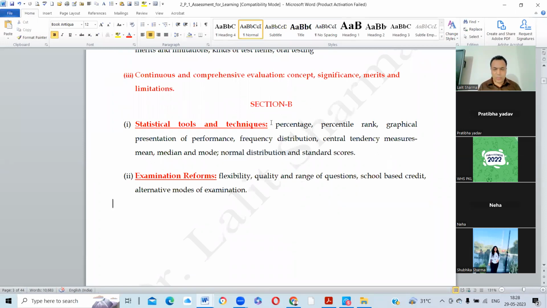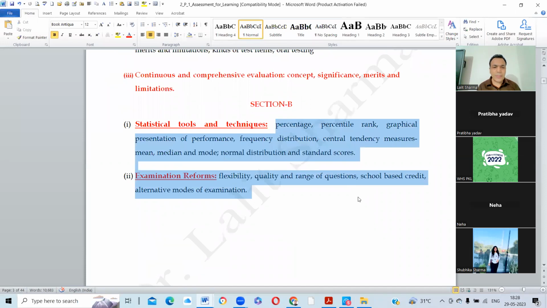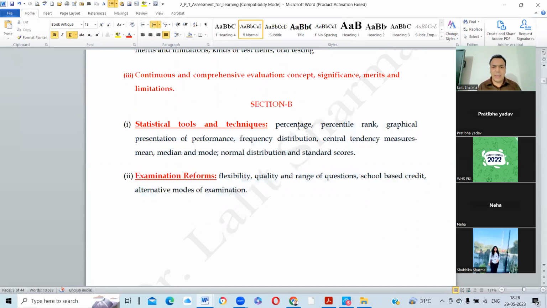Under the statistics part: percentage, percentile rank, graphical presentation of data or performance, frequency distribution, then central tendency, normal distribution and standard score, and examination reform, which we just discussed.